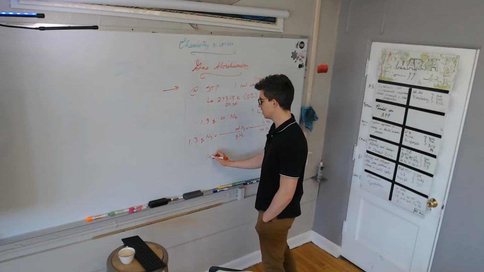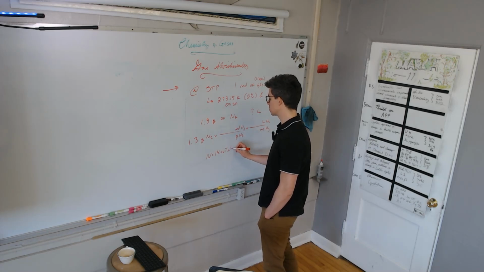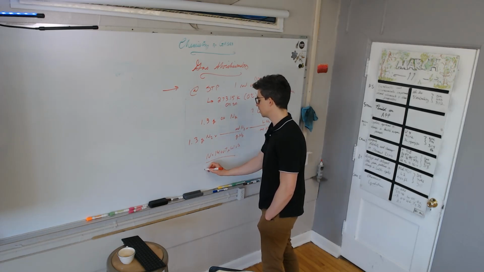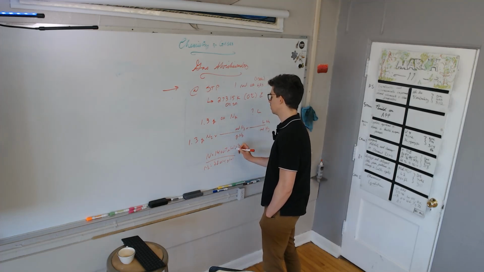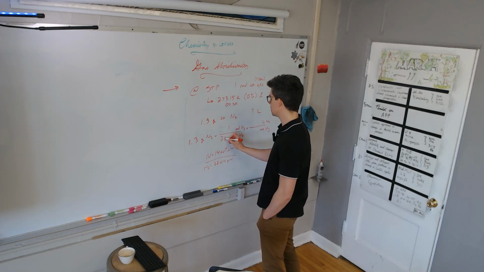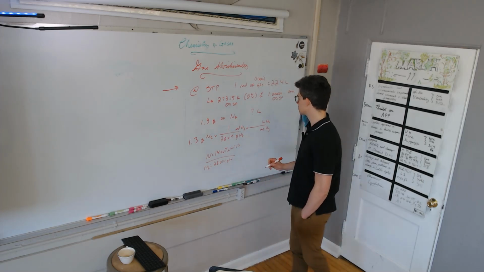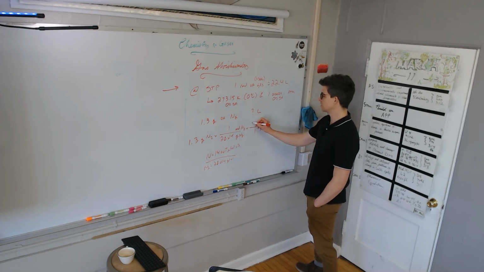Well, it's this. 14.007, this is from the periodic table, grams per mole, there are 2 of them. So N2 will be 28.014 grams per mole. 1 mole of nitrogen is 28.014 grams of nitrogen. And then as with every ideal gas, 1 mole of nitrogen is 22.4 liters of nitrogen.